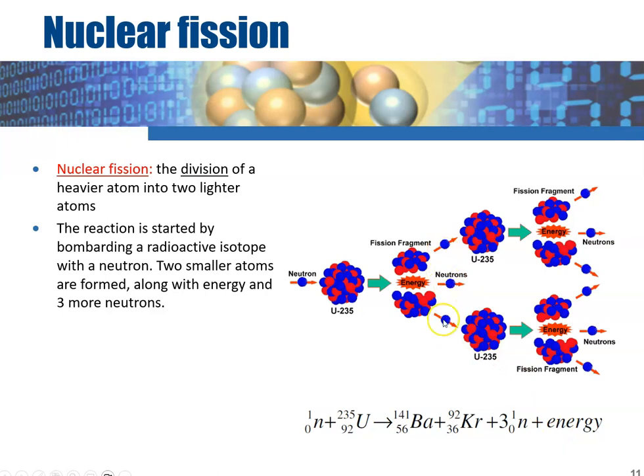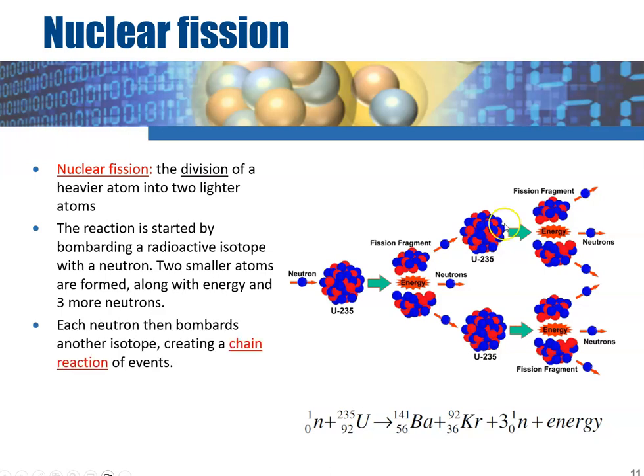These 3 more neutrons are significant because they then can bombard a new isotope of uranium-235 and make the same thing happen again, create 2 more fragments, some more binding energy, and they release 3 more neutrons, and now we have just started a chain reaction.